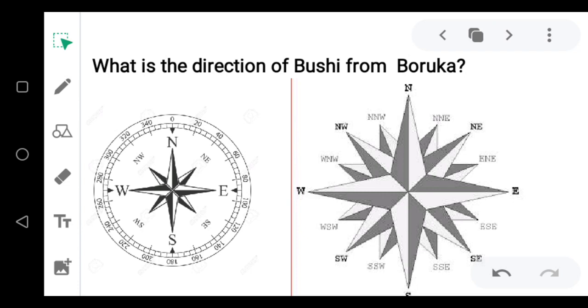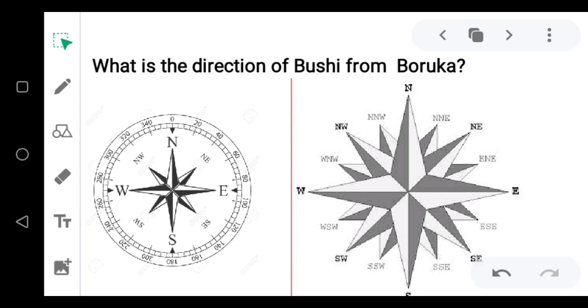Then on our right, we have a compass with 16 points. Make sure you study it very well. It will help you in giving direction of places.